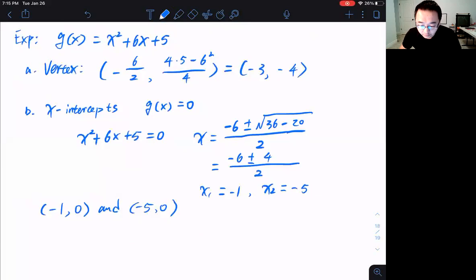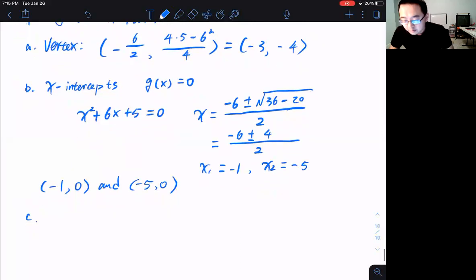Now the third one is I want you to find 2 points on the graph of your parabola other than the vertex and the x-intercepts. Just tell me 2 points that you know exist.